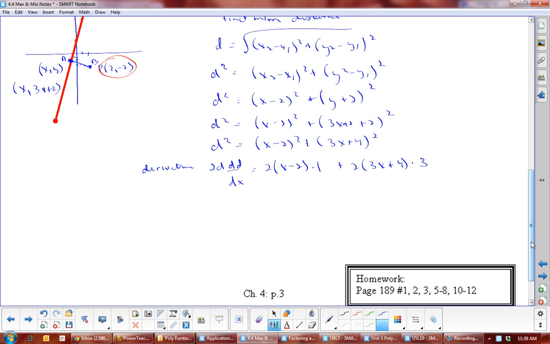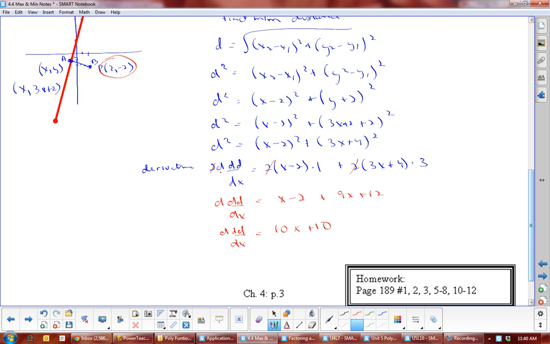Again, the 2's can go away. And then we've got d over dx equals x minus 2 plus 9x plus 12. d over dx equals x plus 9x is 10x, and then negative 2 plus 12 is 10.